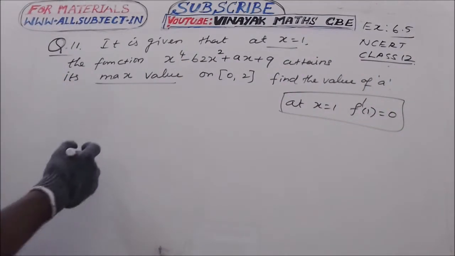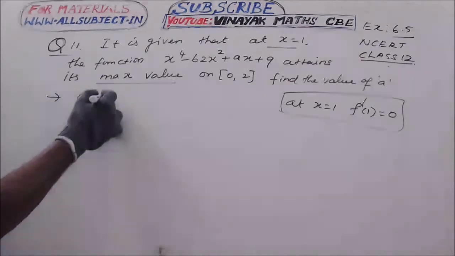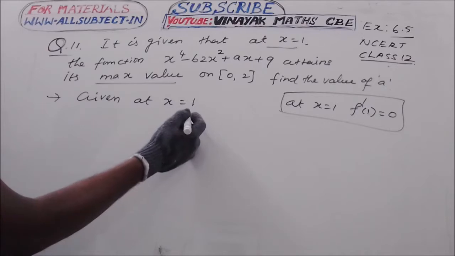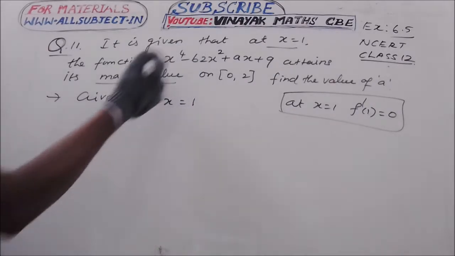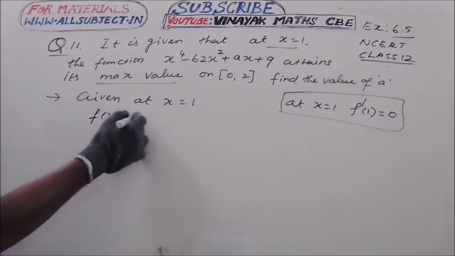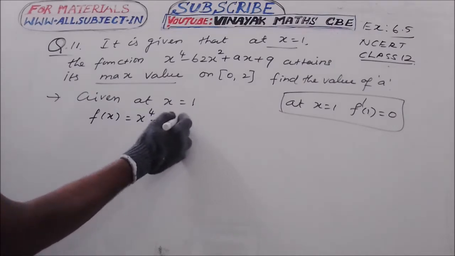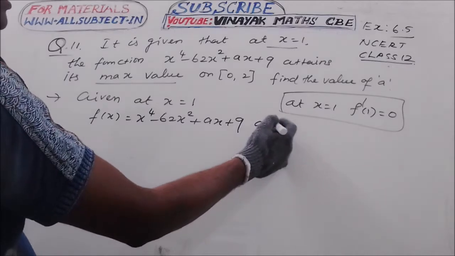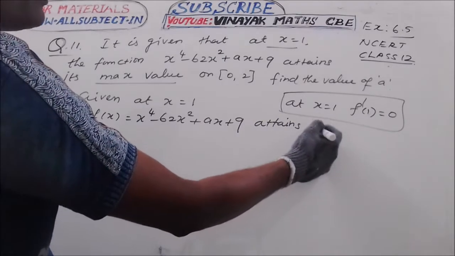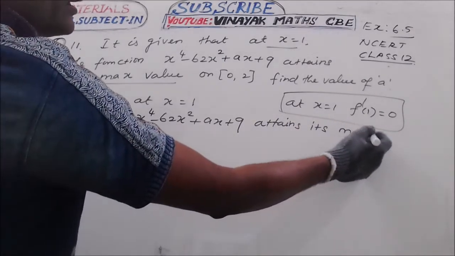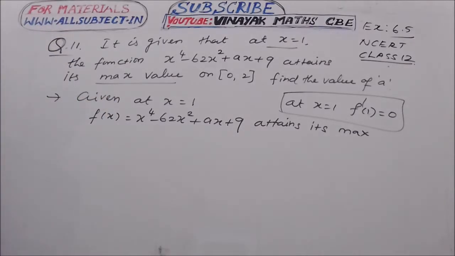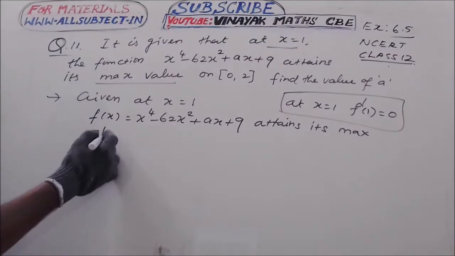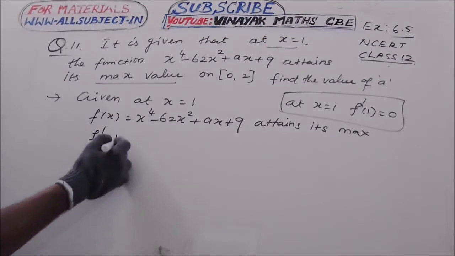Therefore, the given function f of x is equal to x power 4 minus 62x square plus ax plus 9 attains its maximum, so f dash of x is equal to 0.